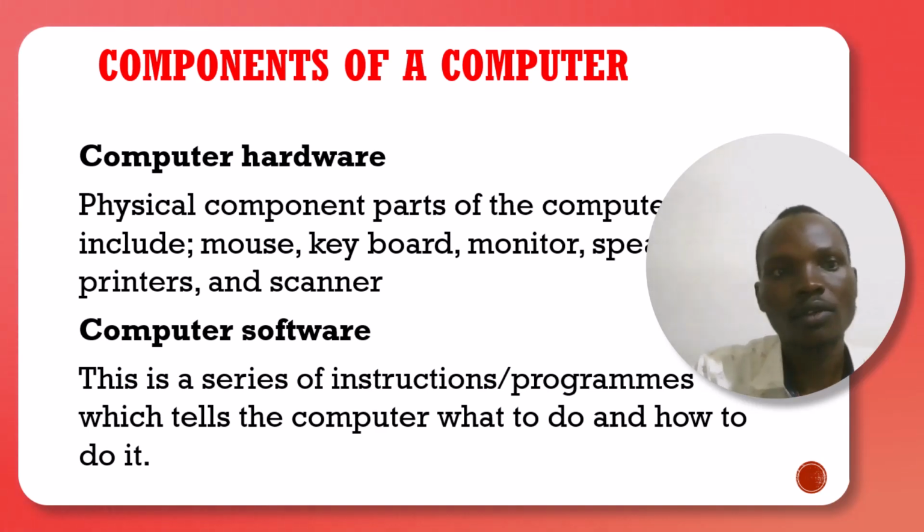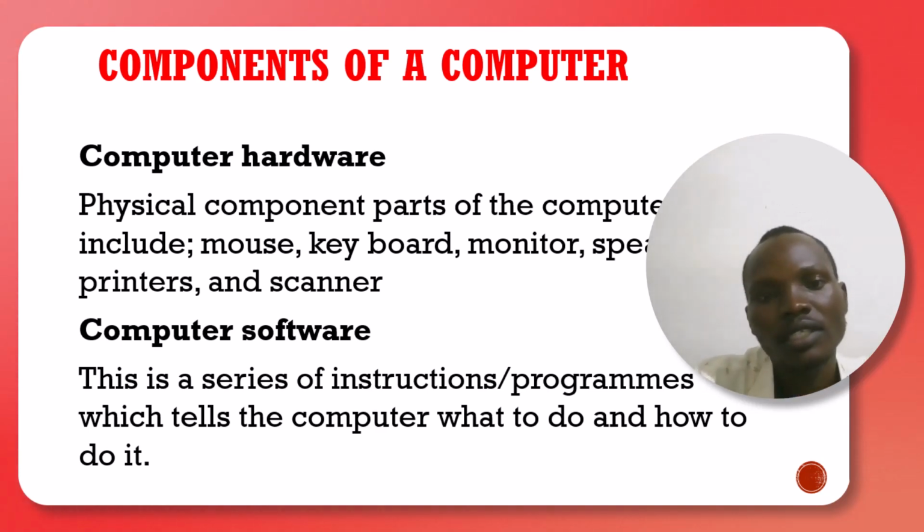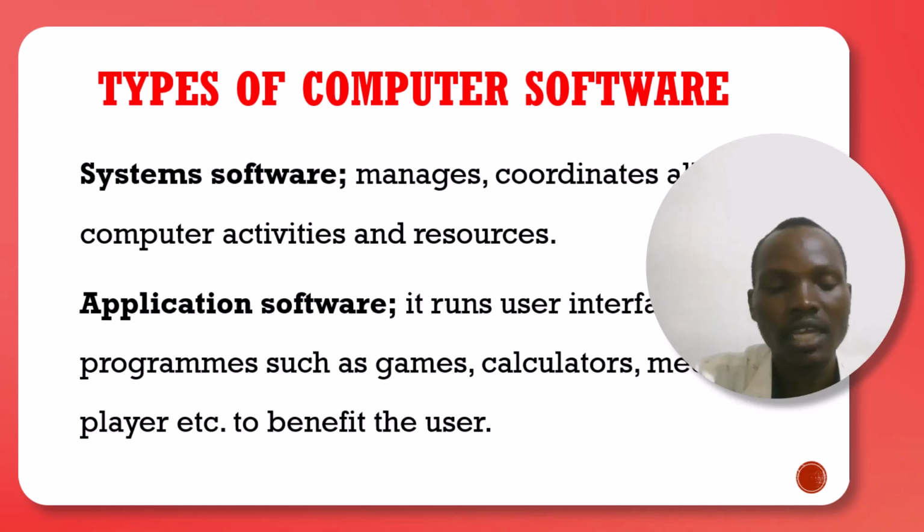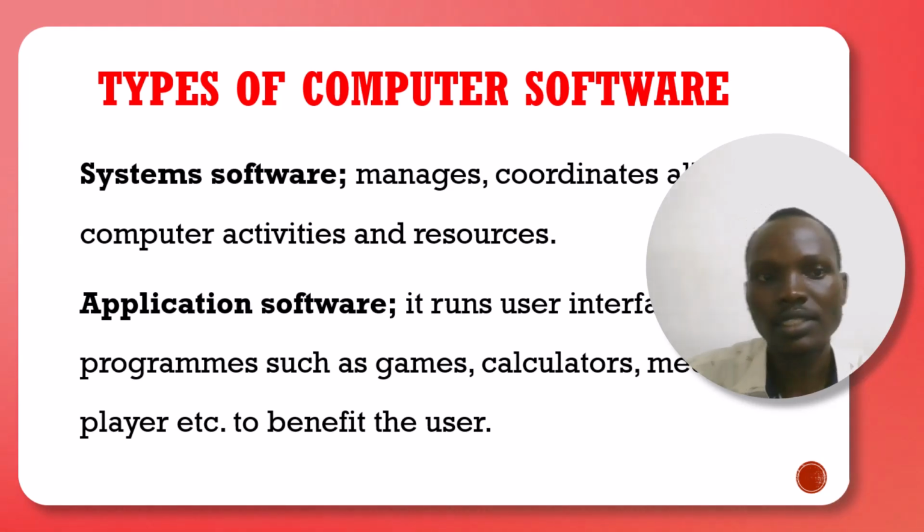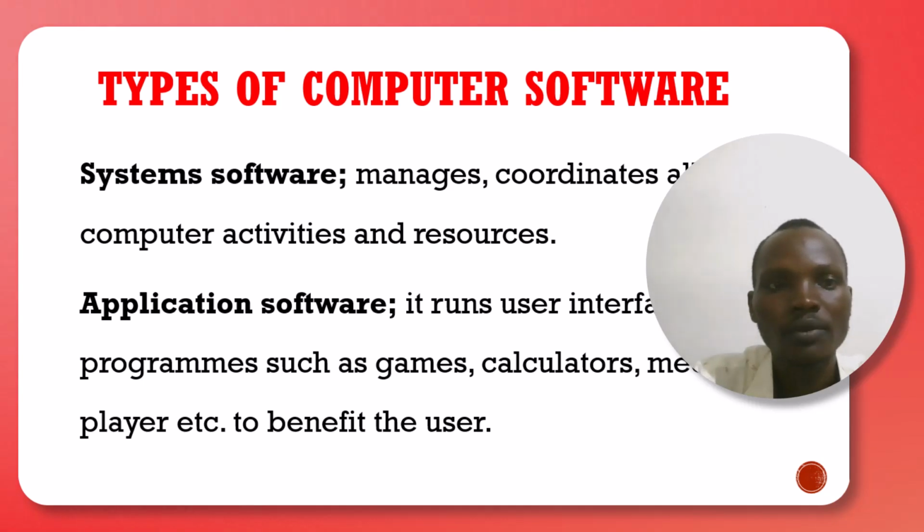There is also another component part of a computer which we call computer software. So what is computer software? Computer software is a series of instructions or programs which can be installed into a computer, and this instructs the computer on what to do and how best it can do it. Computer software has so many types. About two types exist. One, we have what is called the system software.